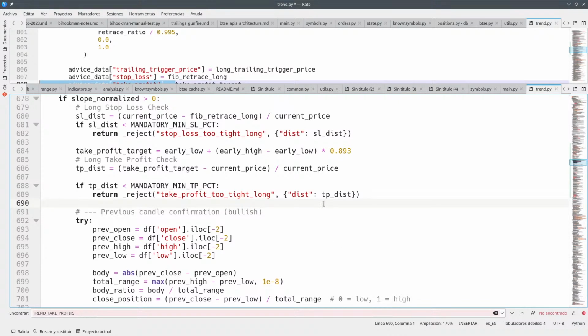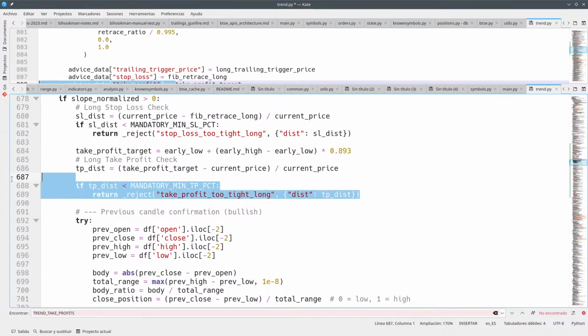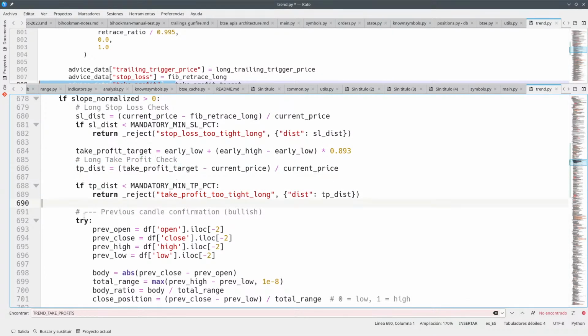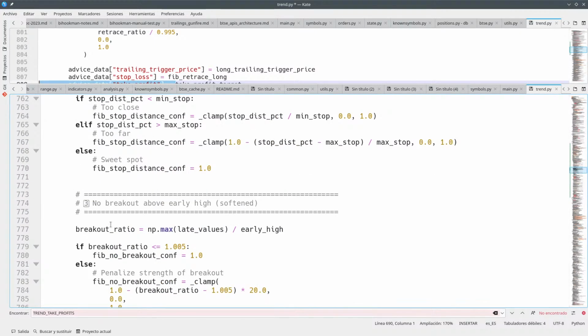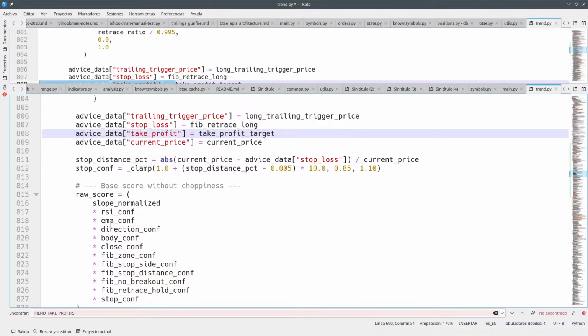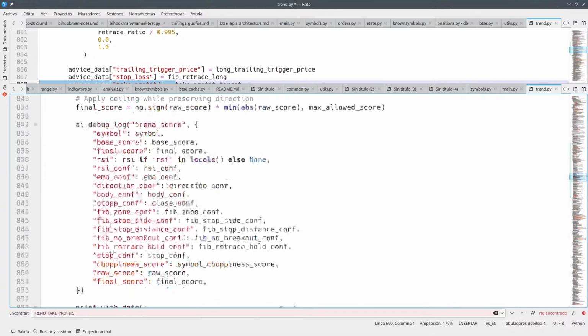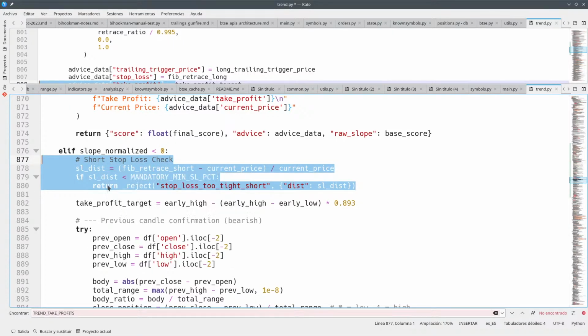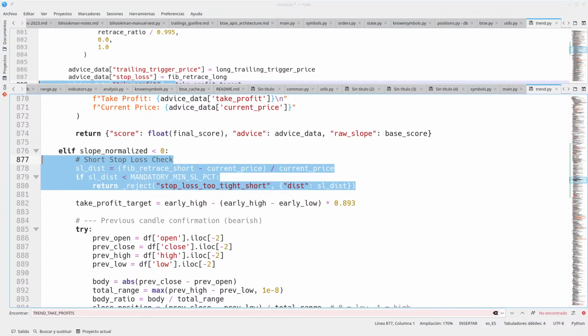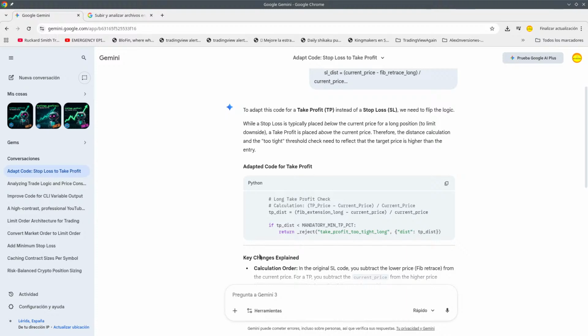Yeah, okay, so the same thing should be done in the other place, isn't it? So if we go here, we should have this thing here, and we are going to ask Gemini to convert it.